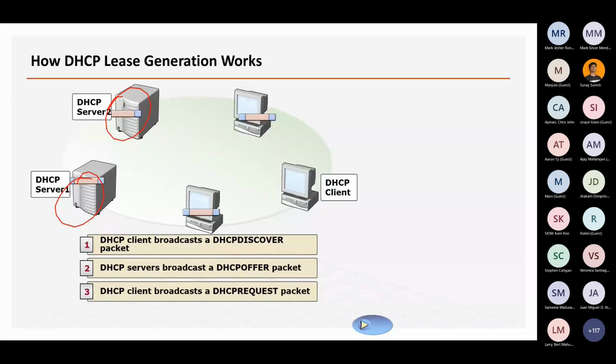That is generally known as authorization. If you have multiple DHCP servers in the network, with the help of a directory server you will authorize a DHCP server, saying that yes, I have multiple servers, but only this one can release IP addresses. That concept is known as authorization.